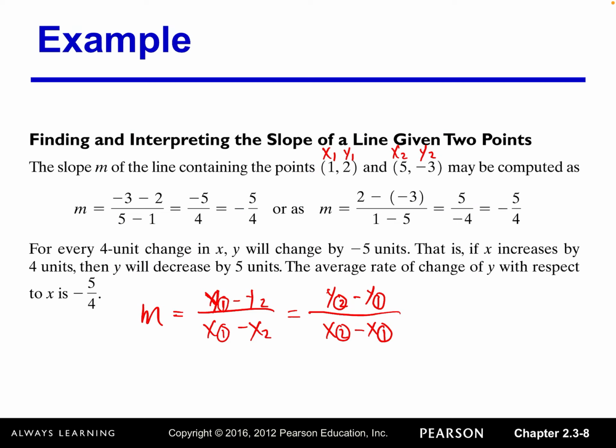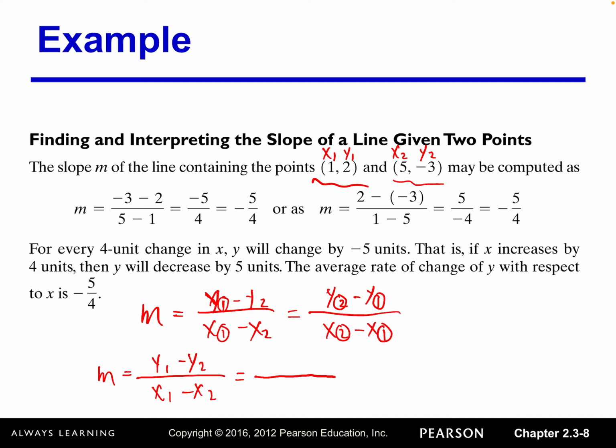Let's find the slope of the line passing through these two points. The book used y2 minus y1, and I will do y1 minus y2, just to let you see that they actually get the same result. So slope equals (y1 minus y2) over (x1 minus x2), rise over run.